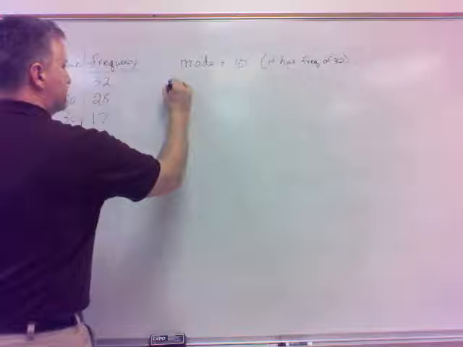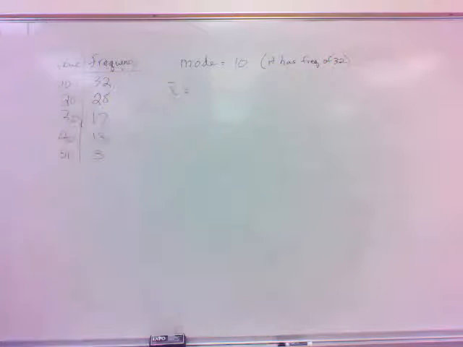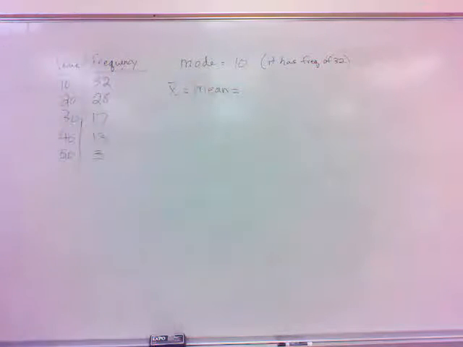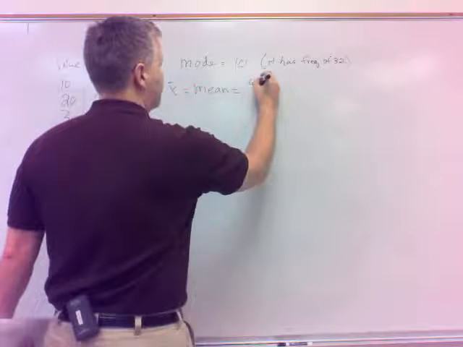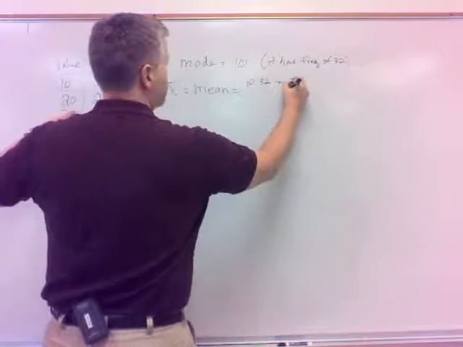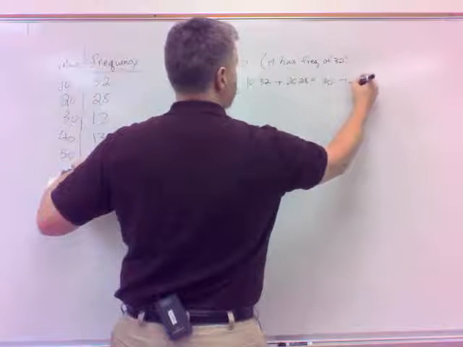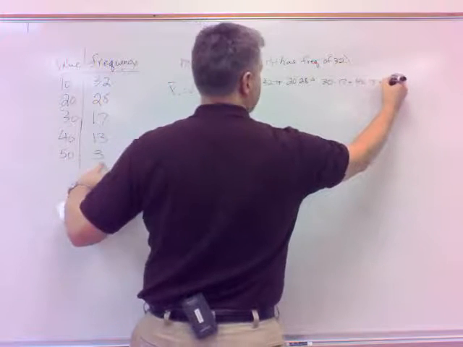What is the X bar? What do I mean by X bar? That's the mean. What's the mean here? Well, to find the mean, we need to add up all the values and divide by the total number of values. How do we get the total of all the values here? Well, in this case, for frequency distribution, you multiply each value by its frequency, 10 times 32, 20 times 28, 30 times 17, 40 times 13, and 50 times 3.